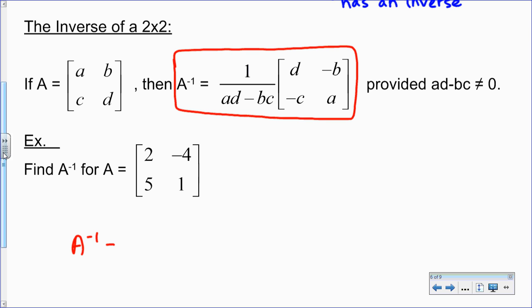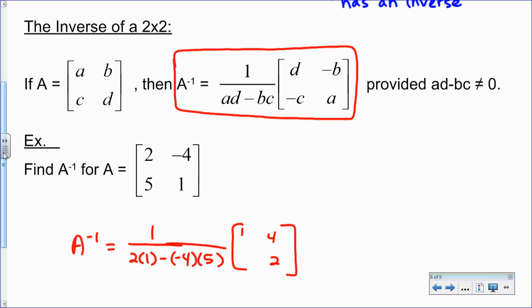So A inverse is 1 over AD, so 2 times 1, minus BC, so -4 times 5, times that special matrix. So switch A and D, so 1 and 2 should switch places. And then do the opposites of B and C. So -4 becomes +4, +5 becomes -5.